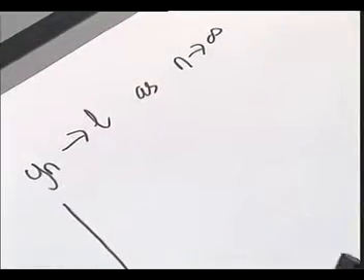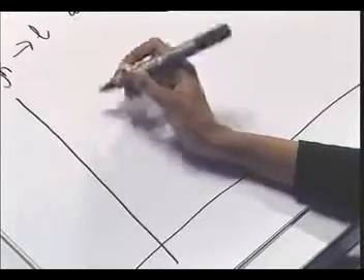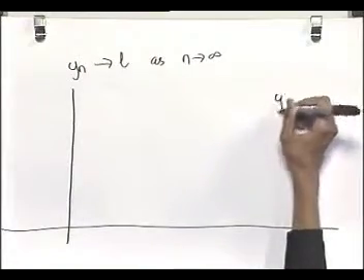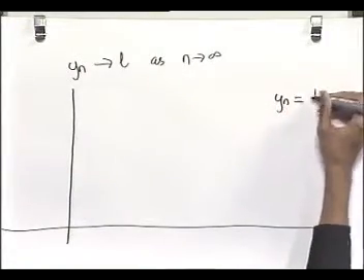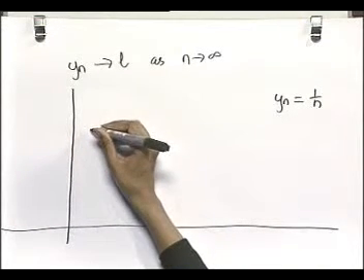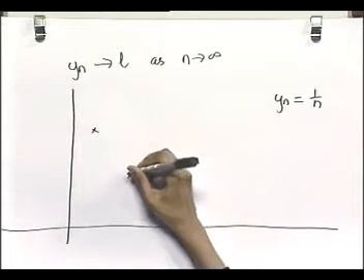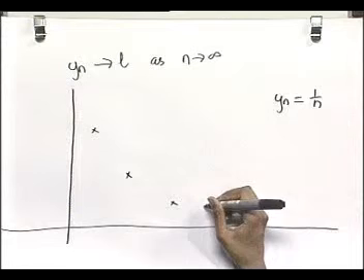I can just plot a graph of this. So if I plot the points of y_n, which was y_n equals 1 over n, it looks like this. Start off at 1, and then at 2 it was a half, then it went a third.